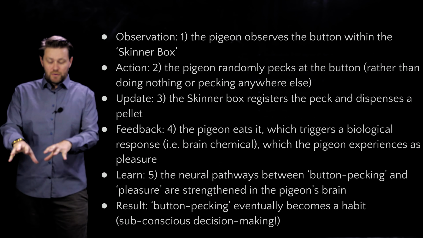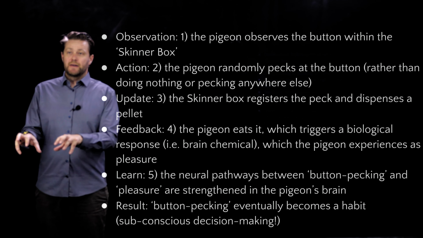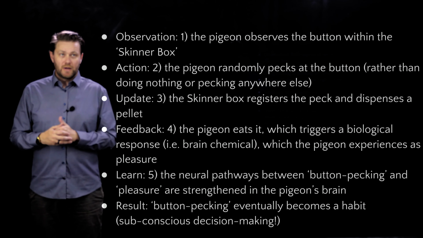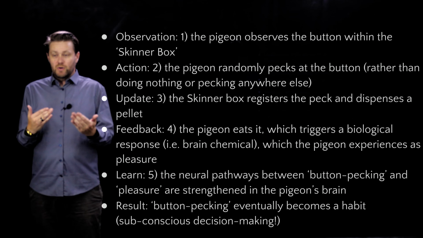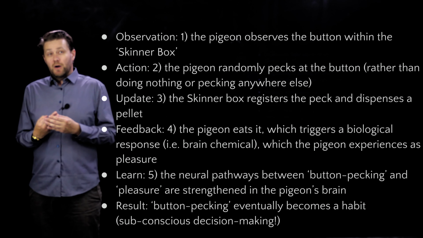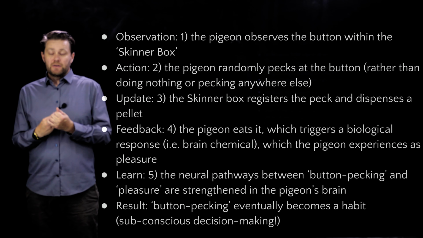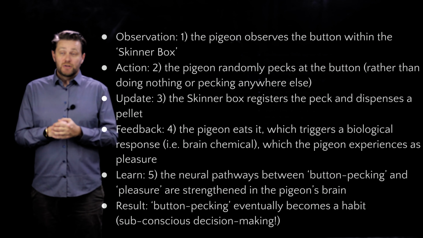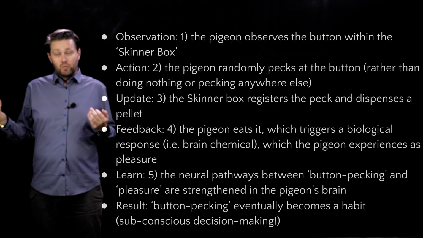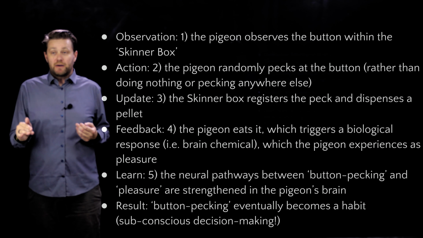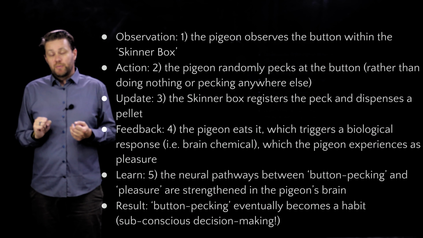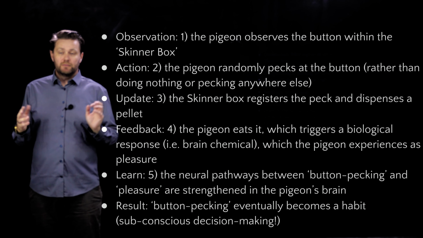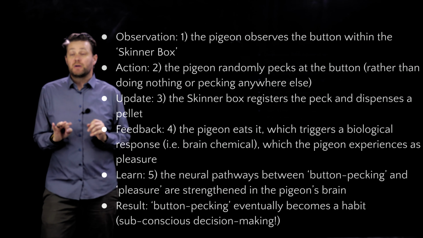This environment had a button. So the pigeon observes all this. What's the pigeon going to do? There's three general buckets of actions. The pigeon could do nothing. That's one option. The pigeon could peck the button, or the pigeon could peck at anything else.